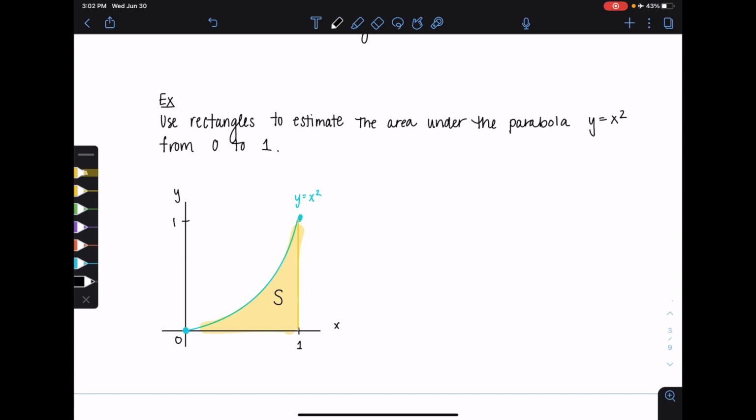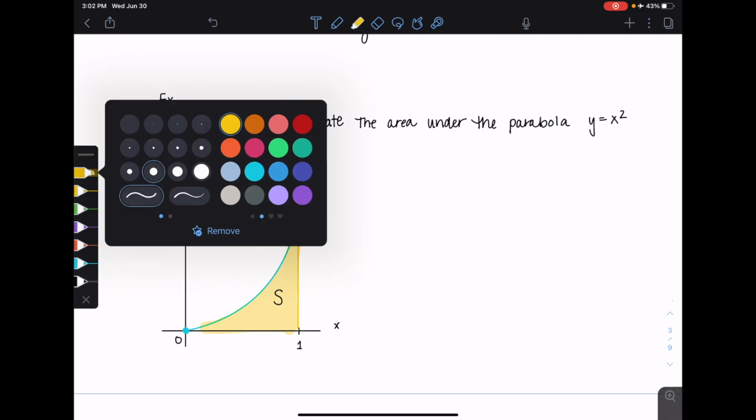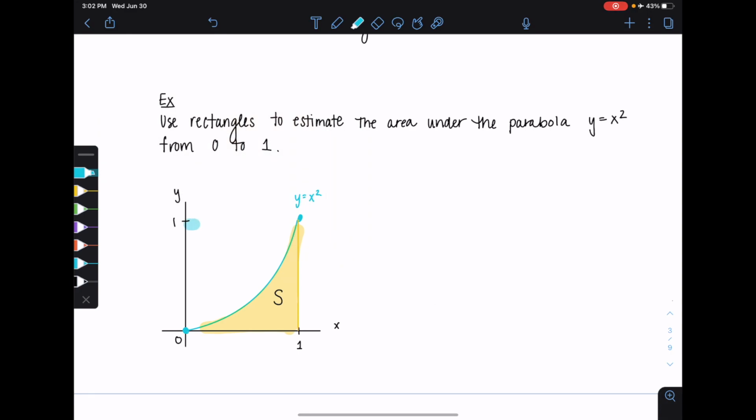If I want to consider the simplest approximation, well, if I go ahead and draw a box around this, I definitely can say it's within this box that has height and width 1. So the area is going to be less than 1. And it's also definitely positive.